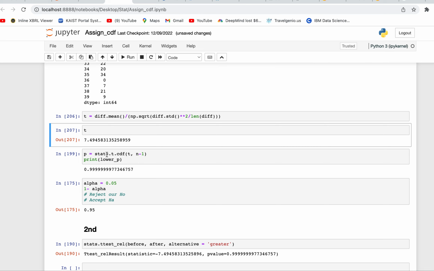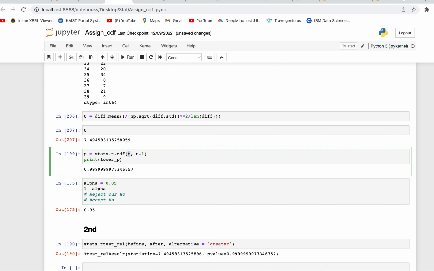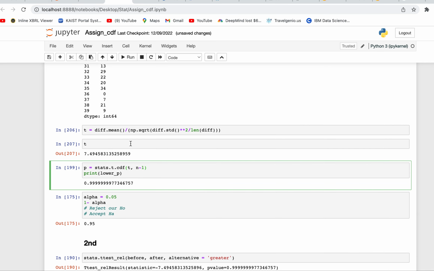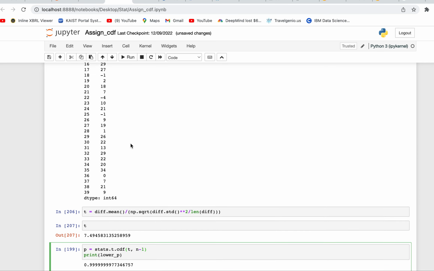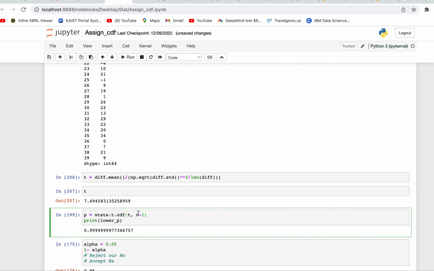Here we should do stats.t.cdf. First we assign the t-statistic, then n-1. n-1 means degrees of freedom. Degrees of freedom is how many samples we have minus 1.